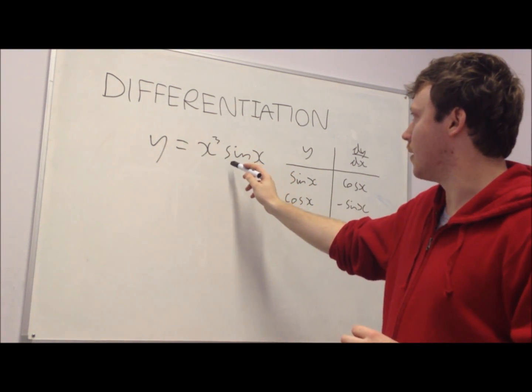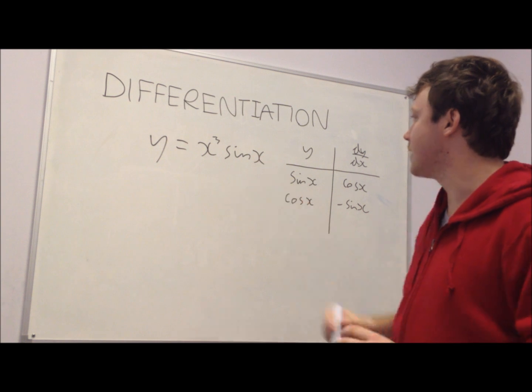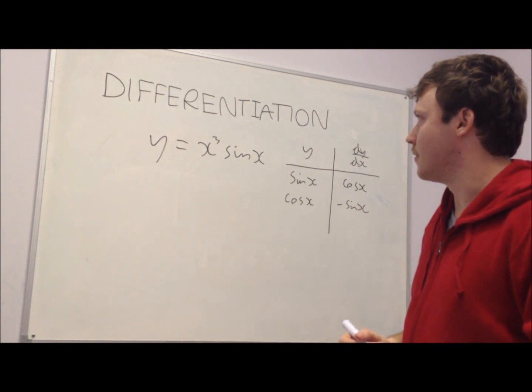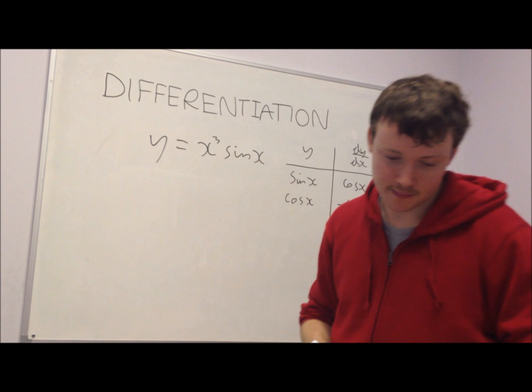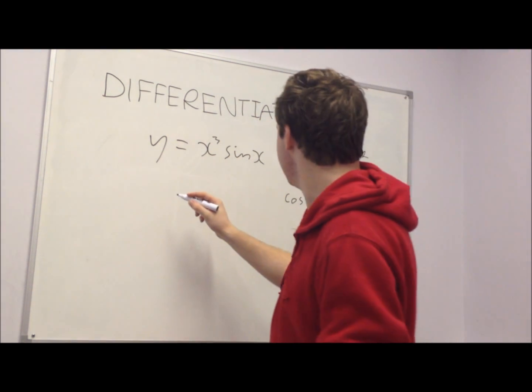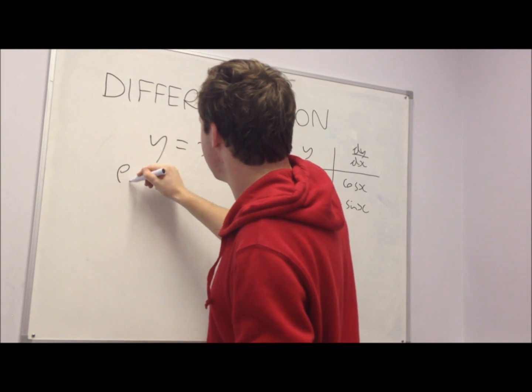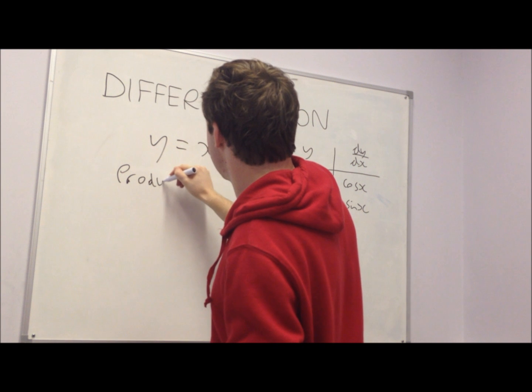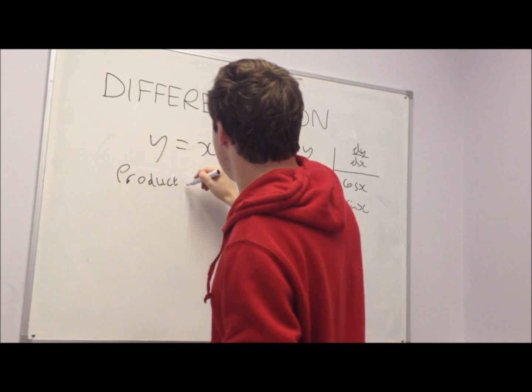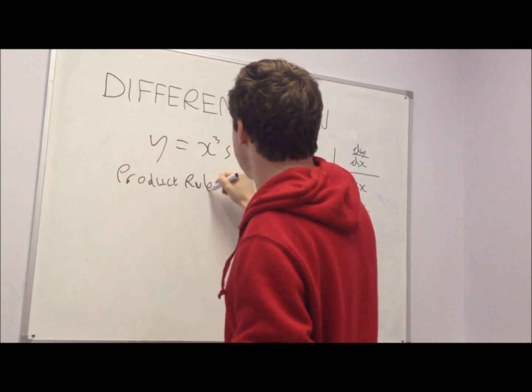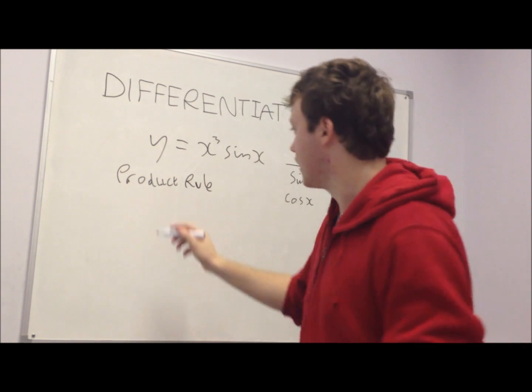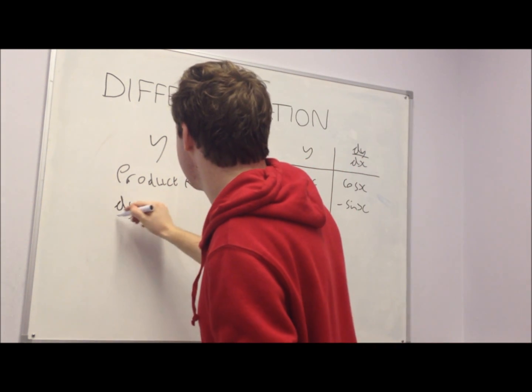For this particular one, we have a product of two separate functions. So we do need additional formulae. The formula we use is called product rule. And the product rule looks like this.